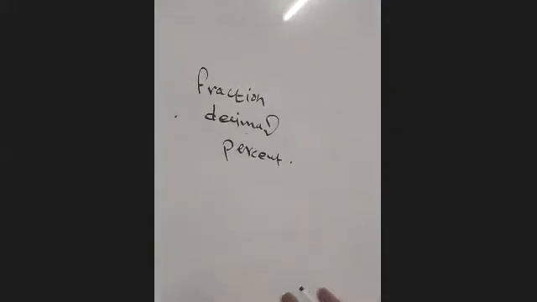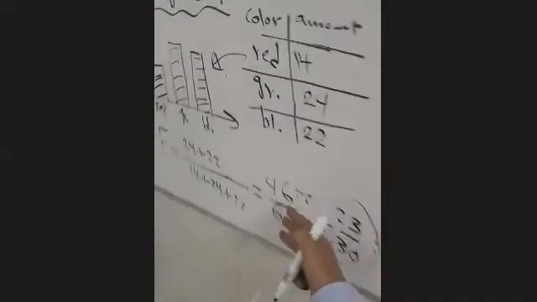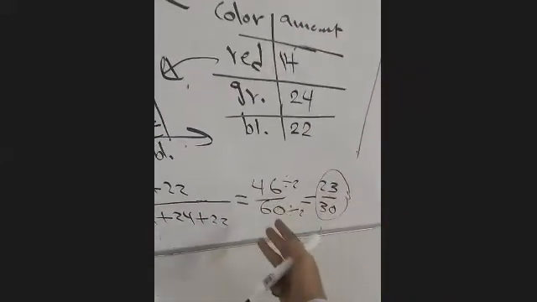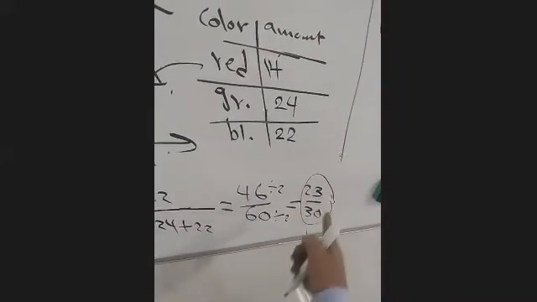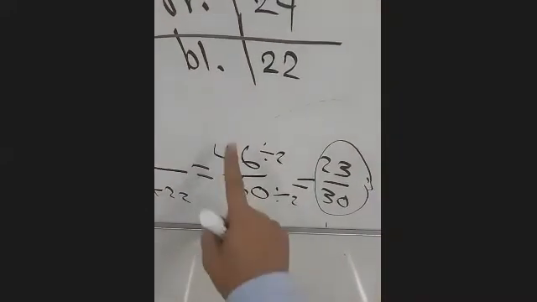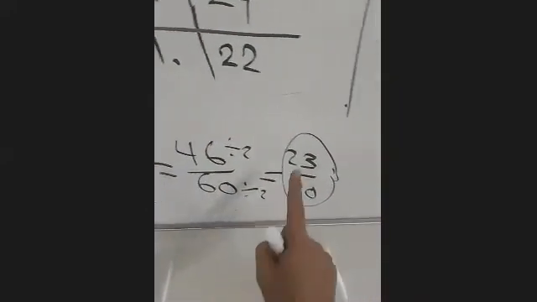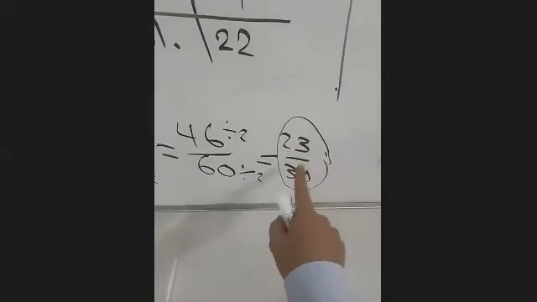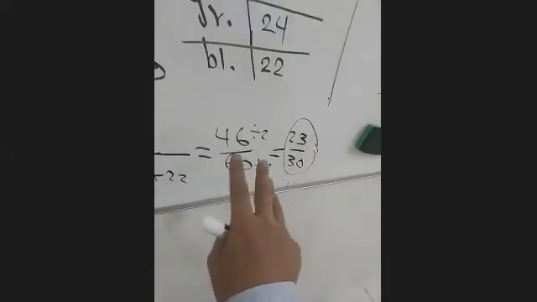If the question wants a fraction, your answer will be in a fraction already, because the ratio is a fraction. But you need to make it in simplest form. It's important to make it in simplest form. In our assignments and exams, I won't give you an answer like 46/60. I'll give you the simplest form. So sometimes you will think that your answer is wrong.